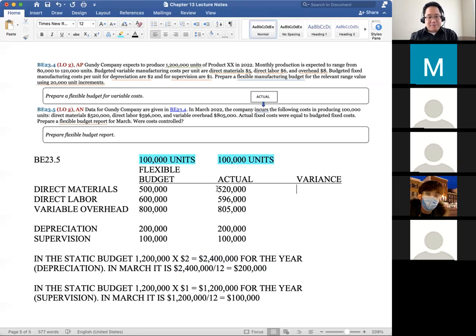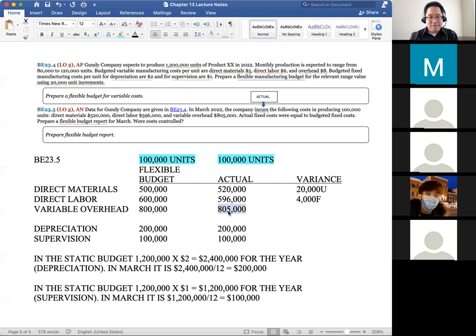So actually I spent 520,000, but my budget was 500,000. So that's $20,000 too much money, unfavorable. I actually spent 596,000. That's less than the budget. So that's good. So that's 4,000 favorable.